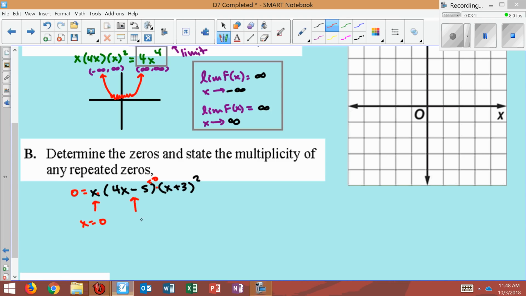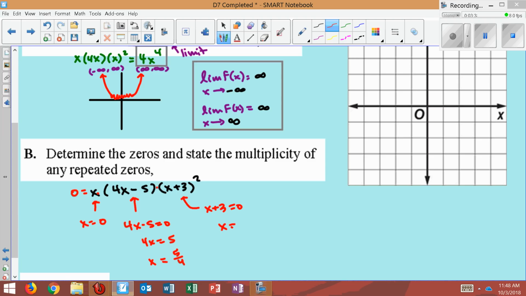Again, how I got that is I would say that 4x minus 5 equals 0. Then you would add the 5 over, so 4x would equal positive 5, and then x equals 5 over 4 when you divide by 4. Finally, the last one, you just move this across, so x plus 3 equals 0.